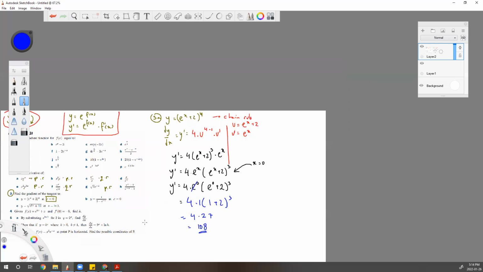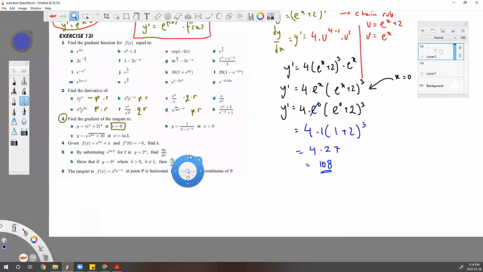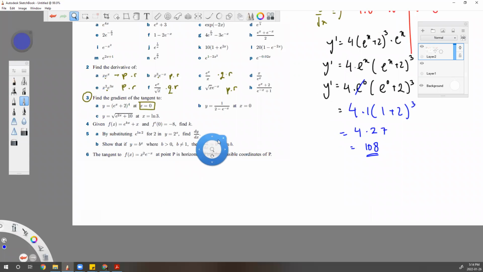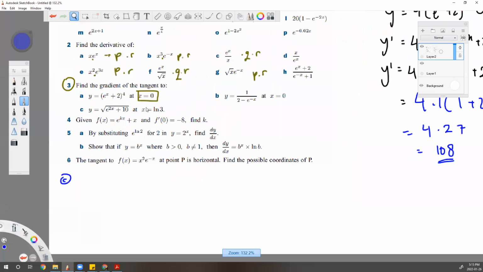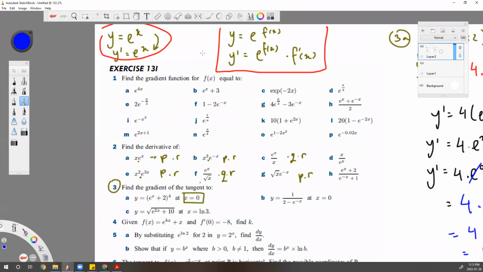Okay, how to do question number 3c? We have the value of x, right? B is also the same, but let's go to C. Interesting. We have 2x here. Okay, if we have 2x, we use the second rule, right?